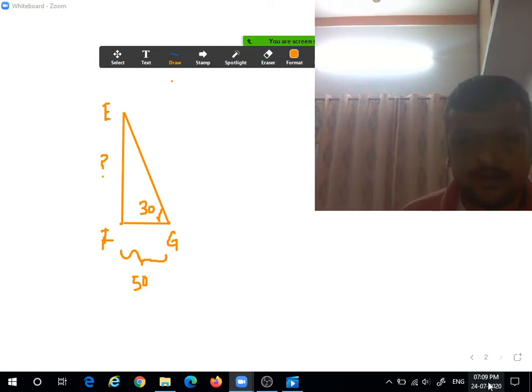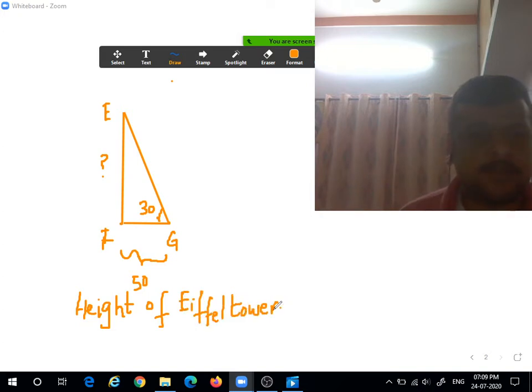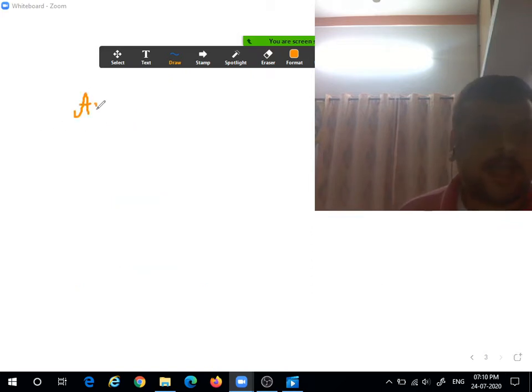So here we'll say the applications. To find the height of the Eiffel Tower, we know the parameters: the distance or the length of the shadow, and one more parameter, the angle of elevation.